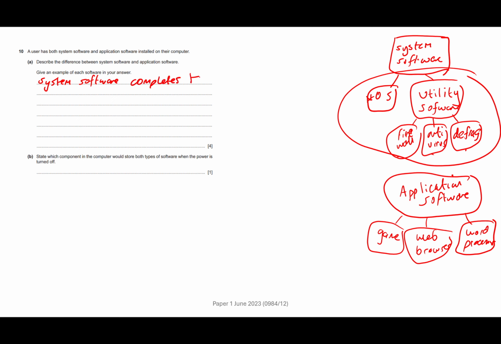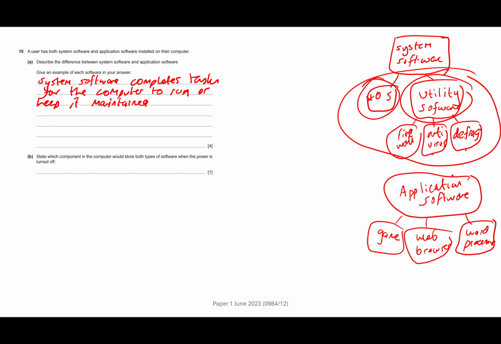I suppose we could also say utility software is more about maintaining the computer as well. So we can mention that. So system software completes tasks for the computer to run or keep it maintained. So we've kind of just described the operating system, which helps the computer run, and utility software, which keeps the computer maintained.